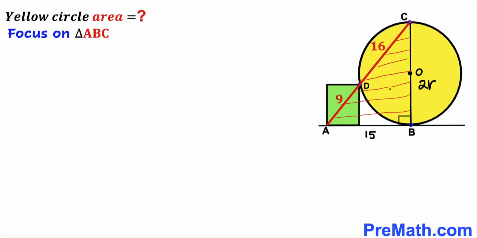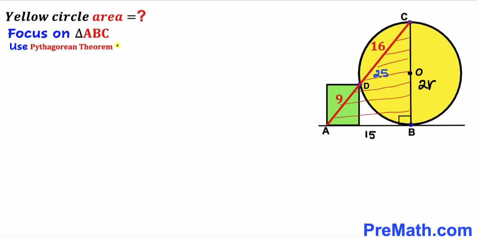Now let's focus on this right triangle ABC. We know its side length AB is 15, side length BC is 2 times lowercase r, and its hypotenuse AC is the sum of 9 plus 16, which gives us 25 units.